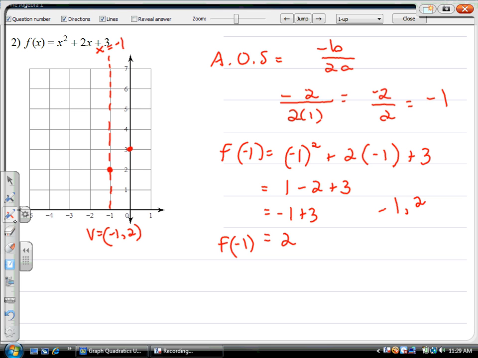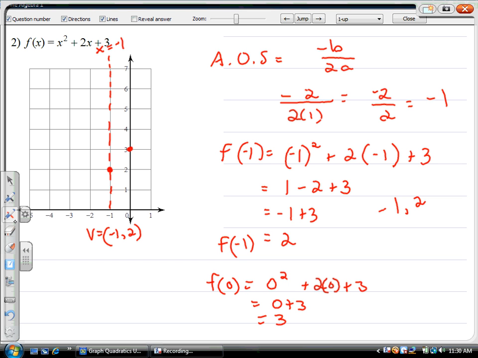So again, if you wanted to prove that, you could take f of 0. Remember our y-intercept is where x is 0. 0 squared plus 2 times 0 plus 3 is just 0 plus 3. Okay, f of 0 brings a y value of 3.